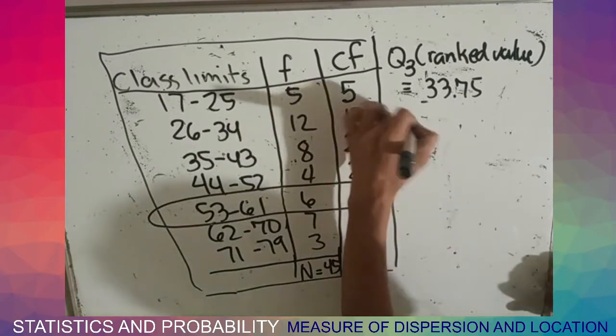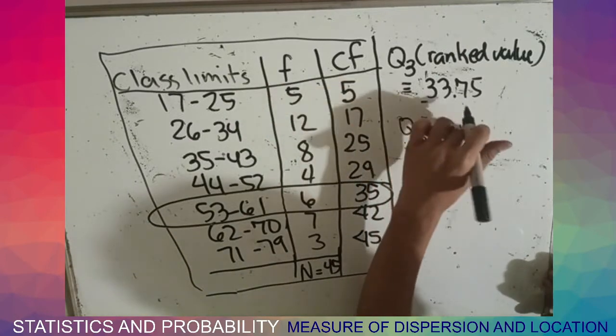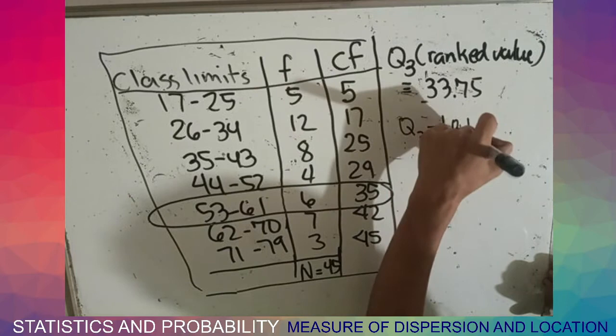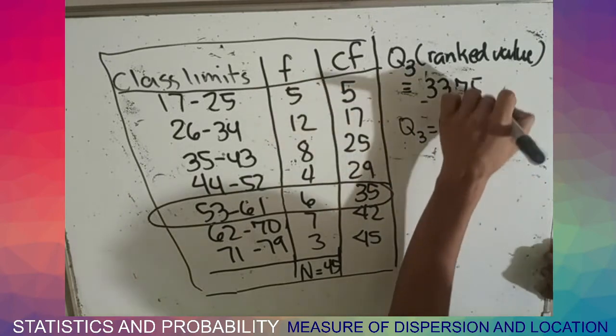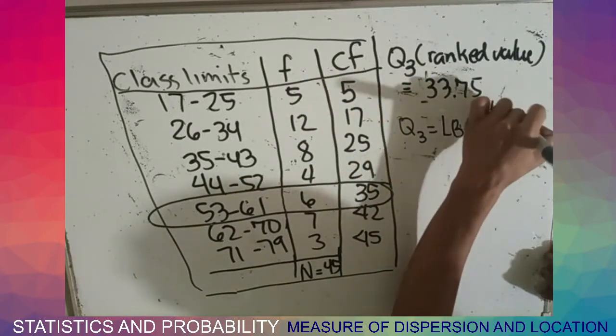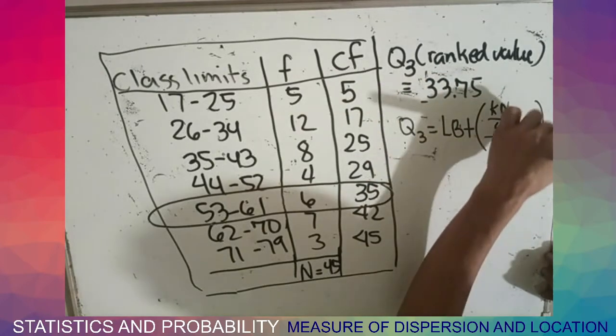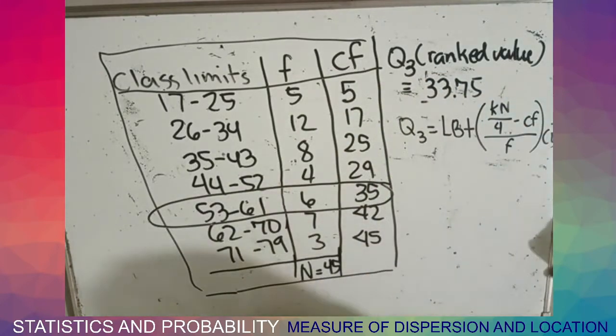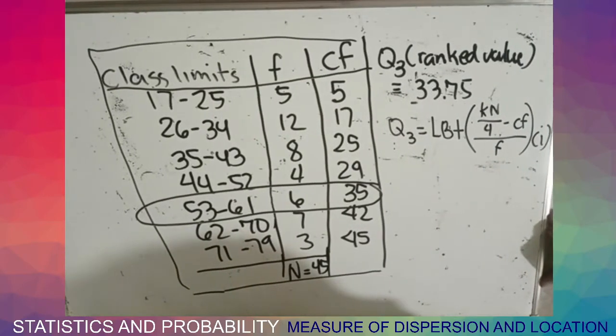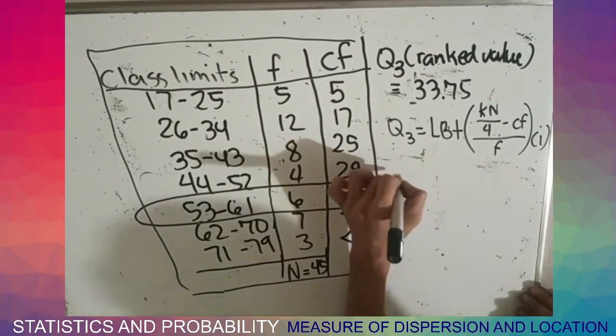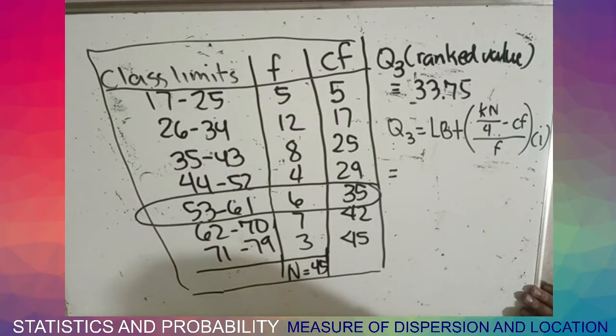Okay. So, Q sub 3 is equals to LB plus the quantity of kn over 4 minus CF over F times interval. Kita pa ba? Next, substitute lang natin yung mga values kanina.